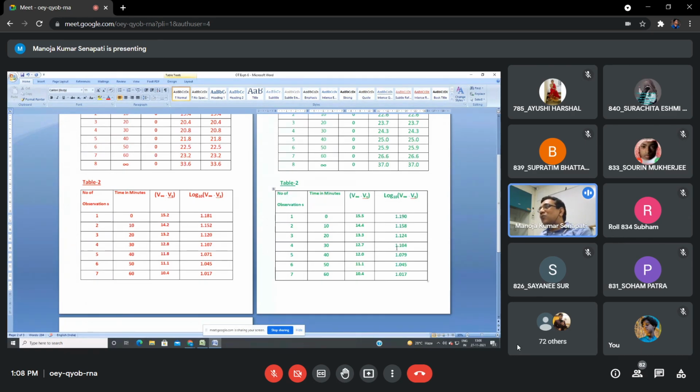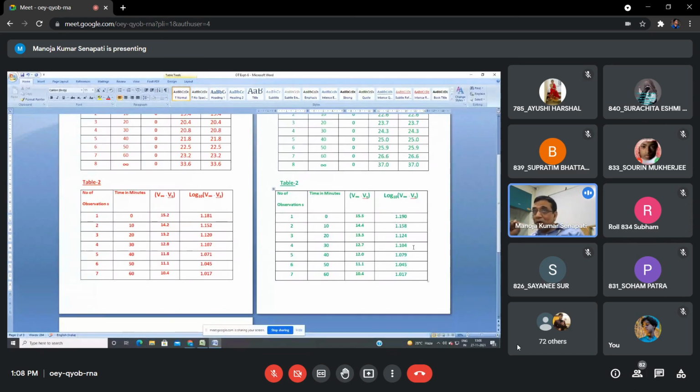Similarly, those who are with the green table, they also do the same thing. In the y-axis, first 2 divisions you leave, make a break, start from 1.00. Then each 1 centimeter you take as 0.01.